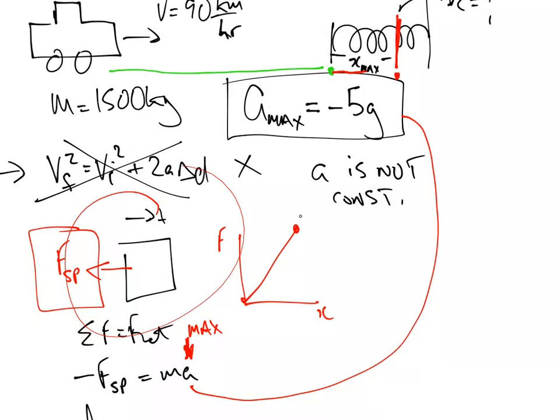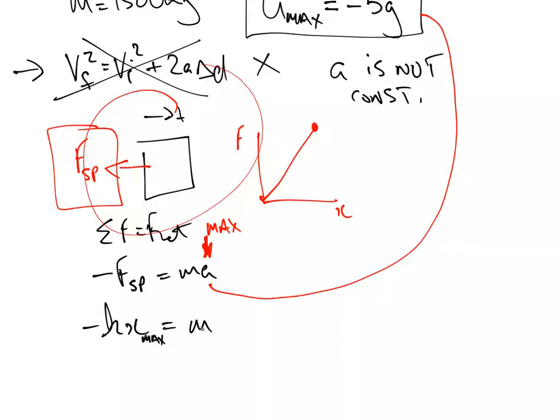At this point, basically, the car comes to a stop. Therefore, instead of writing a here, we're just going to put in 5g. So this is not throughout the entire stopping distance. It is at the last point, at maximum compression, when the velocity equals 0.